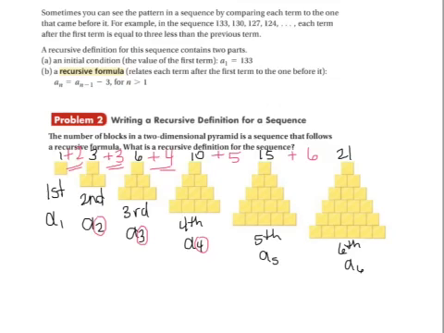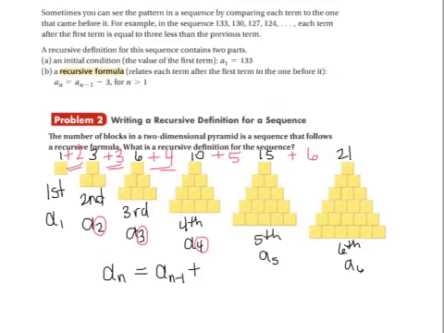So if I wanted to get to my nth term, and we will call that a sub n, then I know that I would have to take my previous term, so the term before it would be n minus 1, so a sub n minus 1, and I'm going to add to it, well, let's see again.